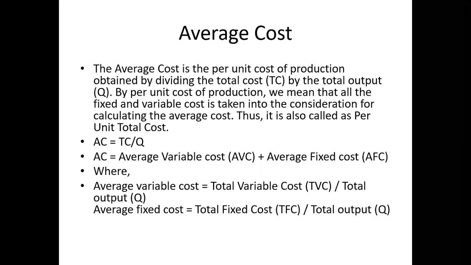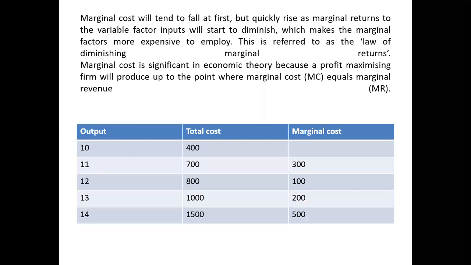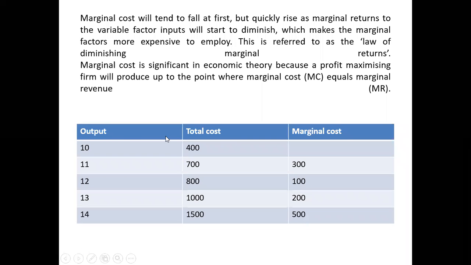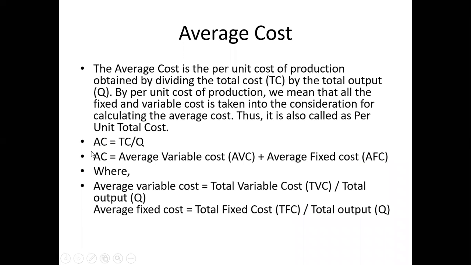We have certain amounts of total cost in our earlier slide. And these are the total outputs. If we divide total cost by total output, then we will be able to get the average cost.